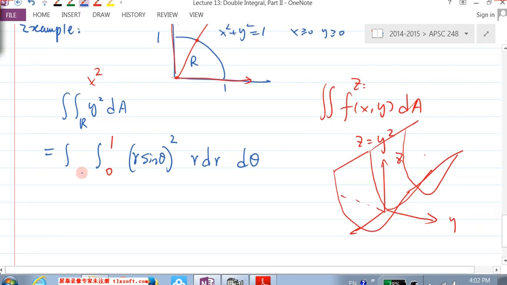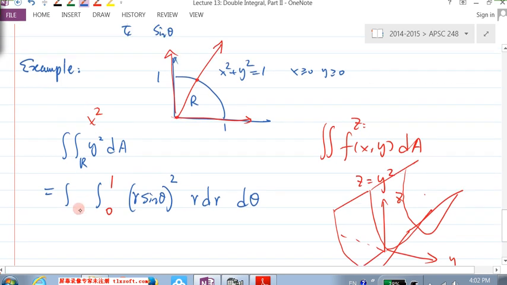Is that clear? Anyway, r min, r max is 0 to 1, and theta is 0 to pi over 2.